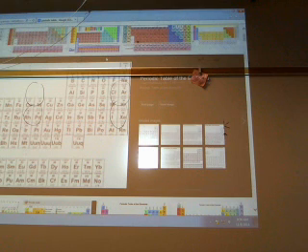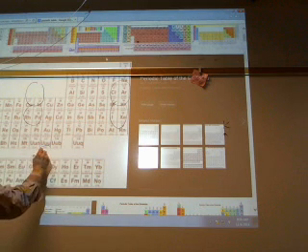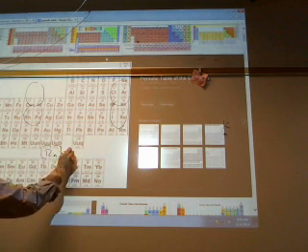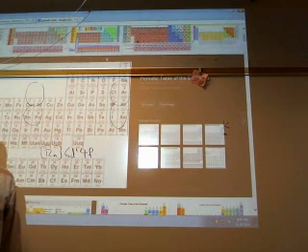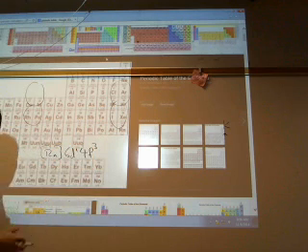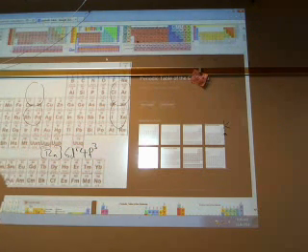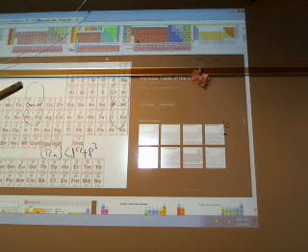It doesn't go to F. 89 goes to D. 3, 4, 5, 6, D1. Right? And so when we look at our periodic table, it goes radon, 7s2, 6d1, 5f3. Isn't that bizarre? Which is one electron plops into the D and then the remaining go into the F. Do you see that? No.